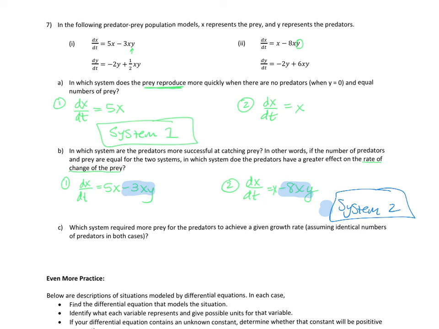Which system required more prey for the predators to achieve a given growth rate? Okay, so we're looking at the predator's growth rate. So in each system, I want to look at dy/dt.